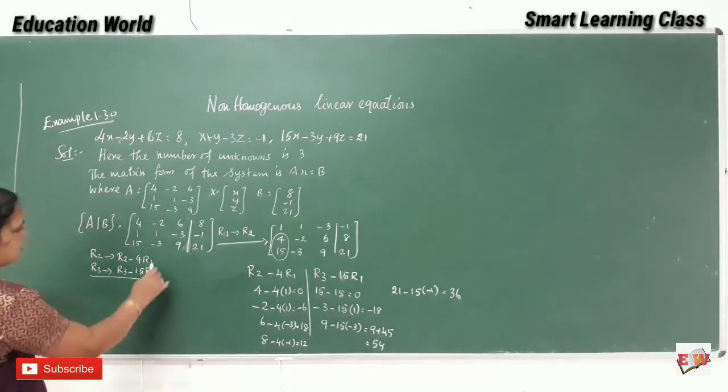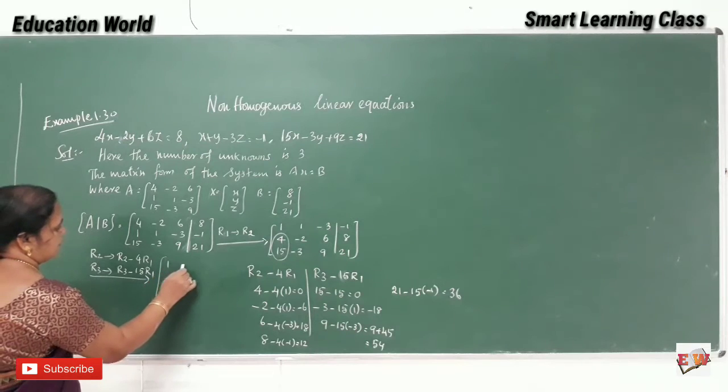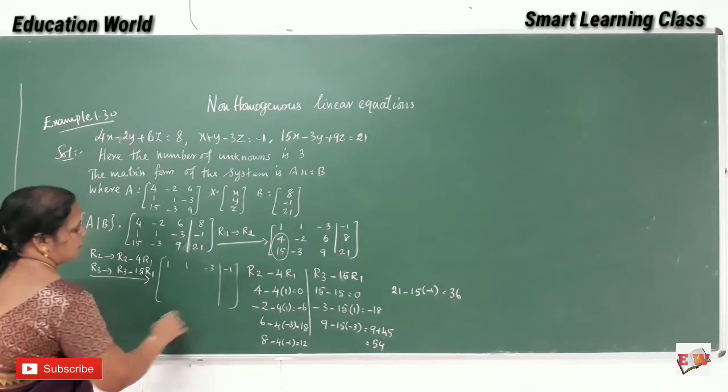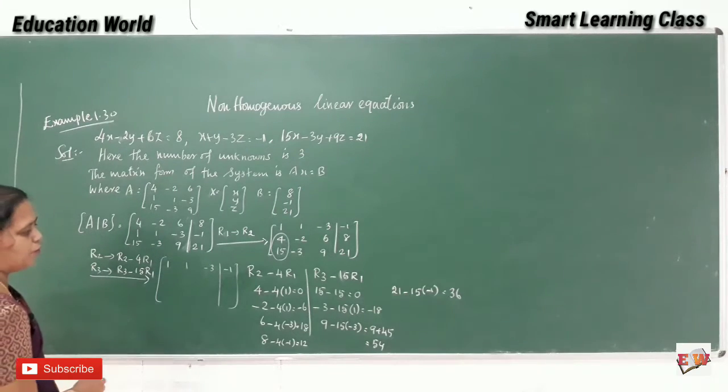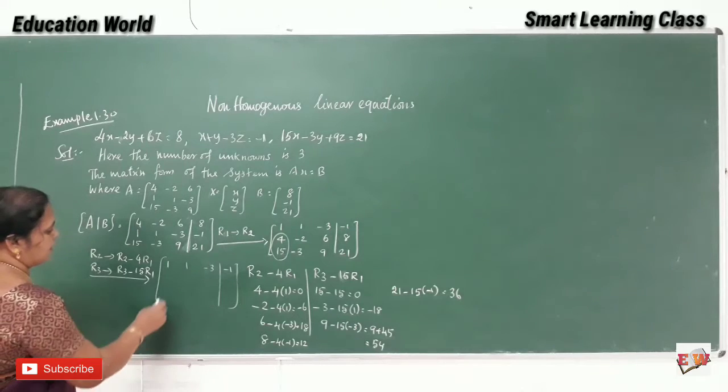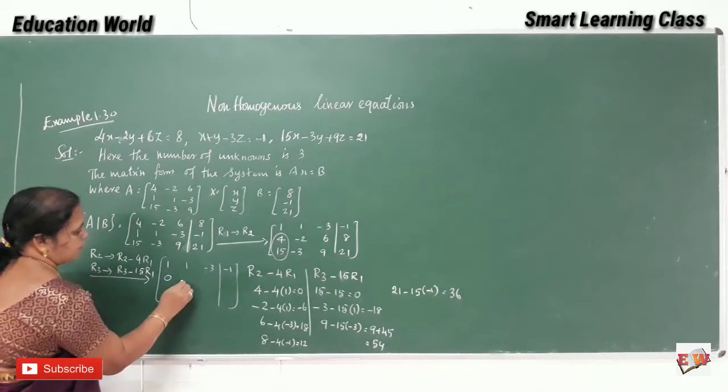I am going to write the first row as it is. By using elementary row operations, we transformed R2 and R3. Those rows I am going to write here.